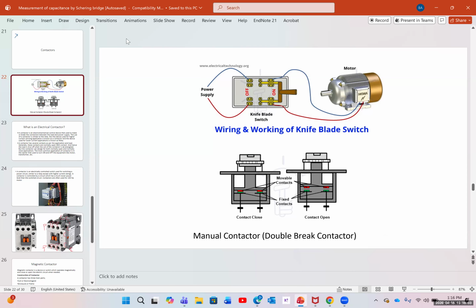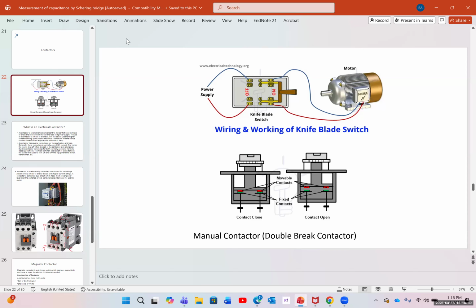You need a different circuit, a different power source just to control the control diagram. Sometimes your 3-phase is very high voltage, so you can't use one of the phases for controlling. So there are a lot of complications when you want to go from a manual system to a contactor.